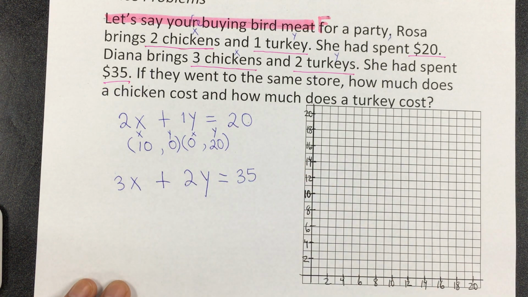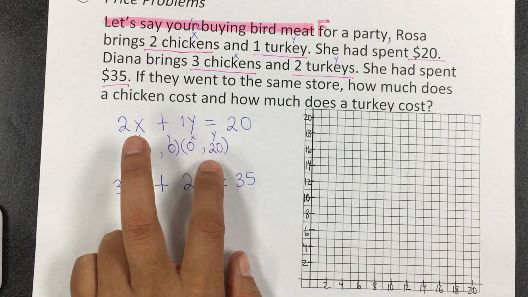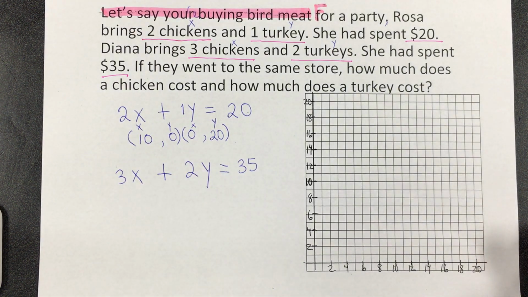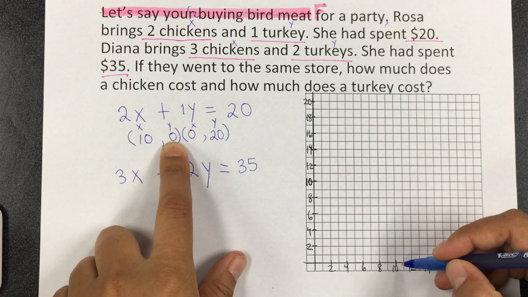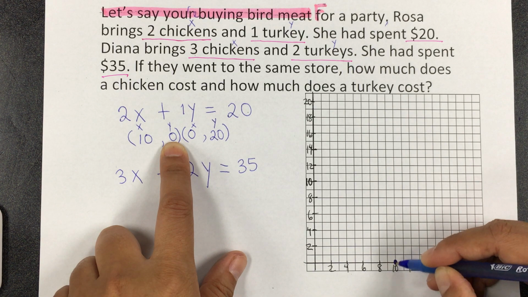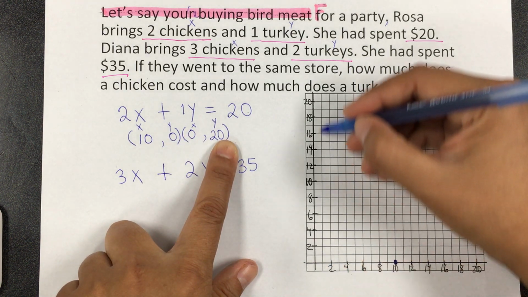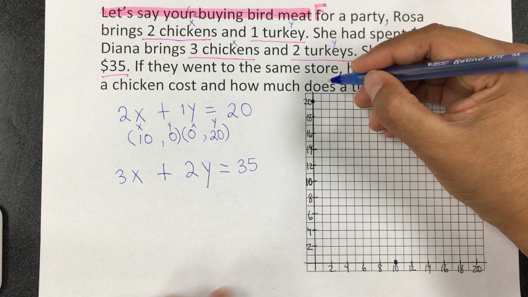So now I have the X-intercept and the Y-intercept for the first equation of the system. So 10, 0 is right here. 0, 20 is 0 on X and then 20 on Y. And I connect those 2 points.